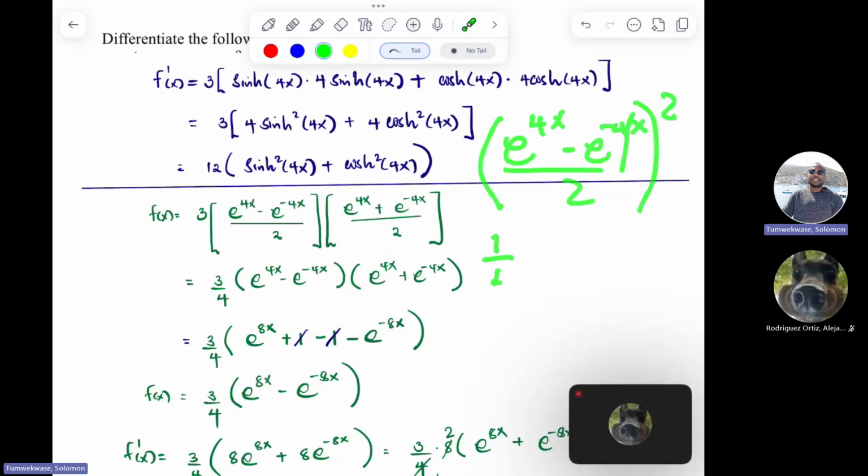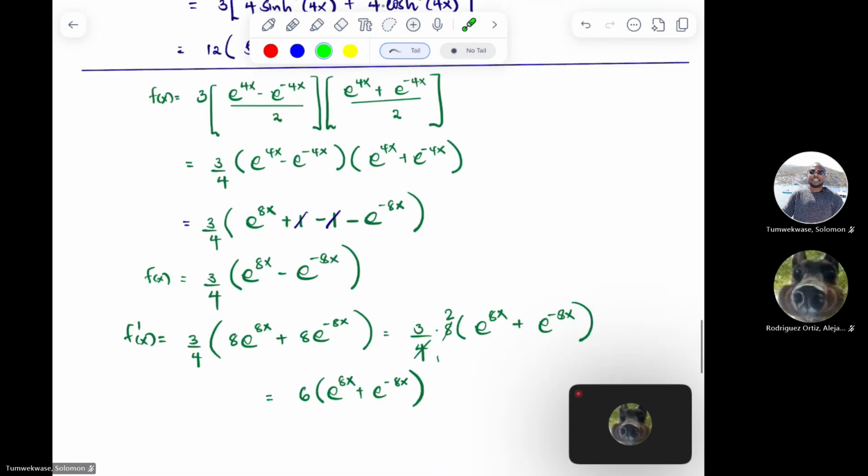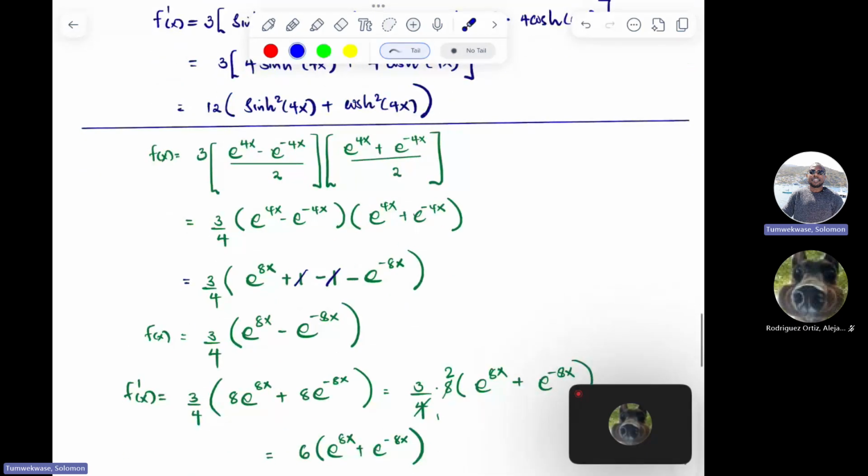So this is 1 over 4 into e to the 4x minus e to the negative 4x, and you square. Now, you remember how to square this. Let me just open up one of these guys.